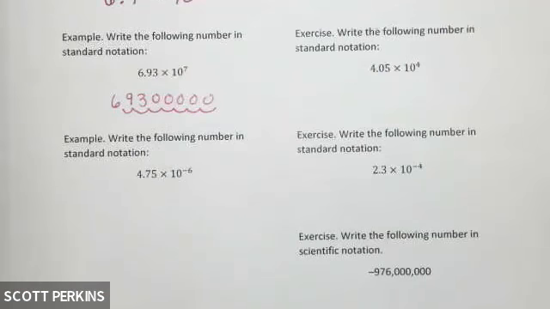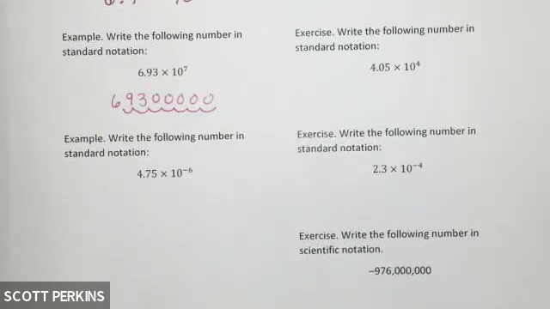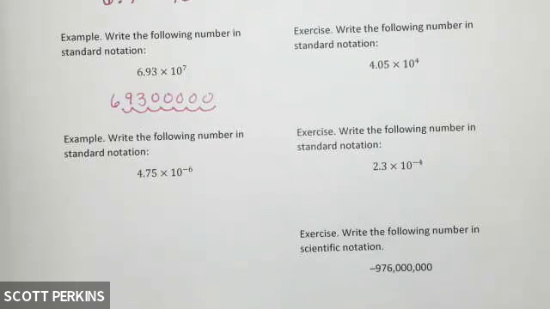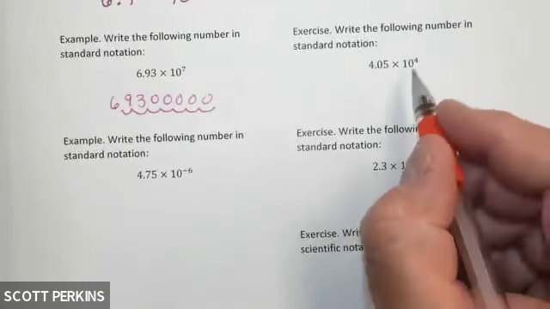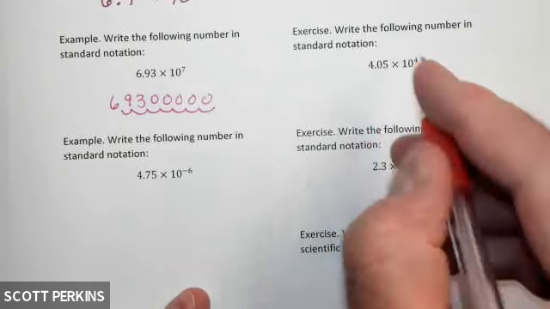Give your best try to the next one: 4.05 times 10 to the 4th power. The decimal right now is between the 4 and the 0.